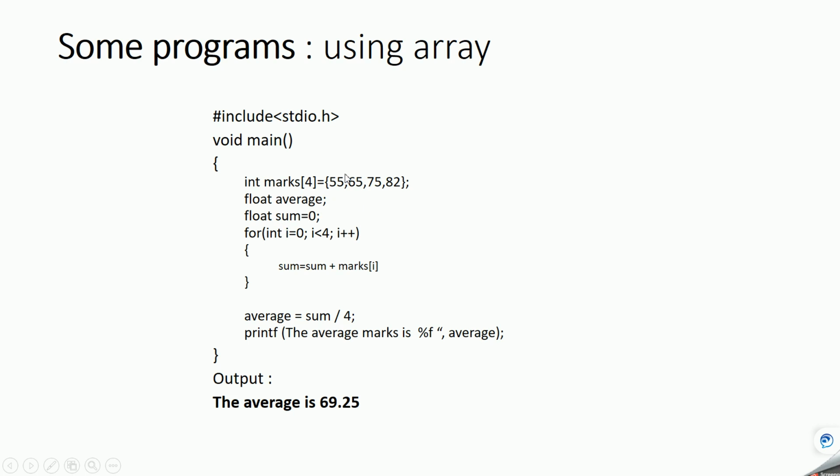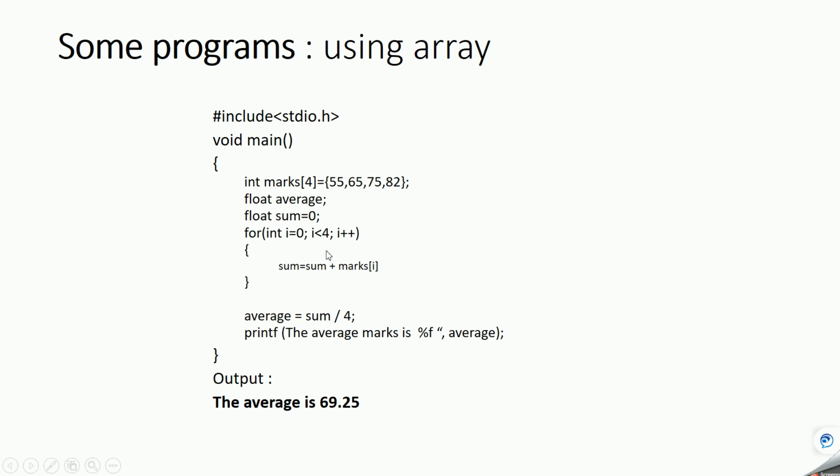We have an array of 4 elements, and that is marks of 4 subjects of a student, and we have an average variable, a sum variable, and we have taken the array. And what we are doing is calculating the sum. So basically we are adding all these numbers, and at the end we are dividing this sum by 4, and then we are displaying the average.